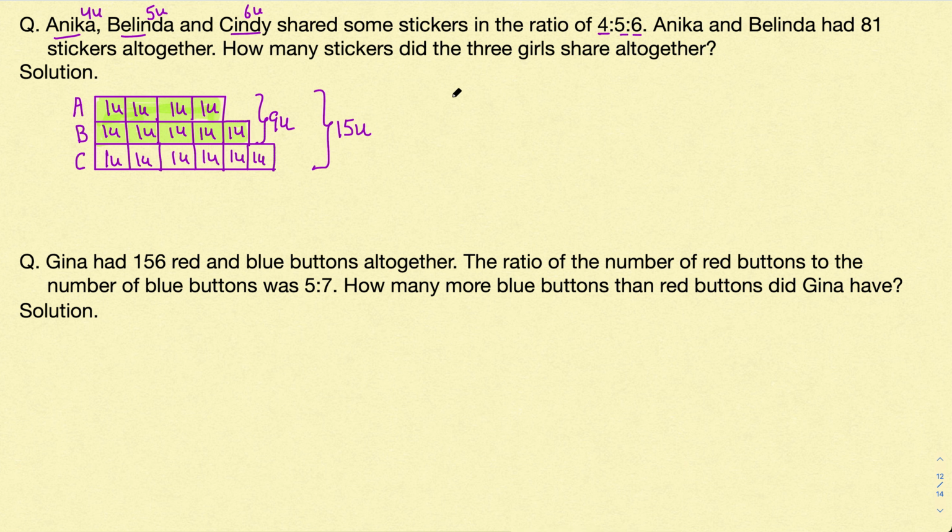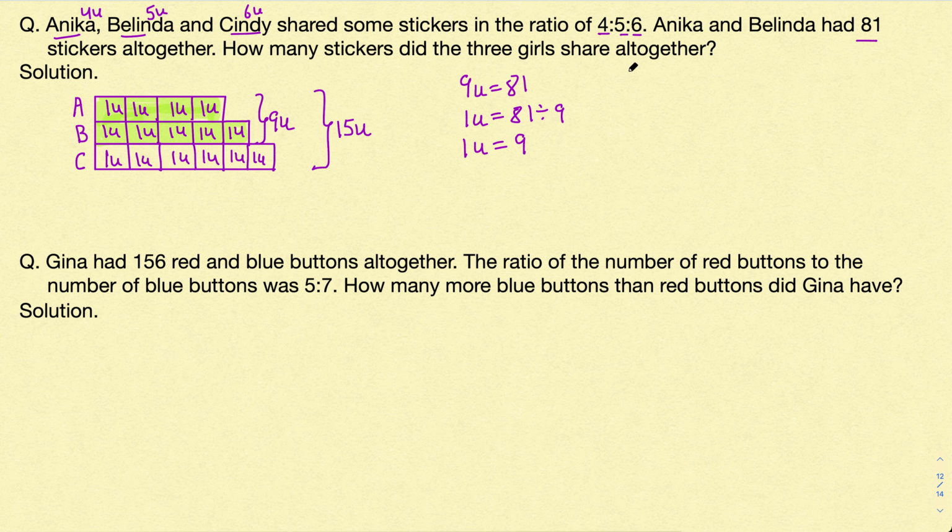Since the total number of stickers Annika and Belinda had is 81, 9 units should be equal to 81. So 1 unit should be 81 divided by 9. That will give you 1 unit equals 9.